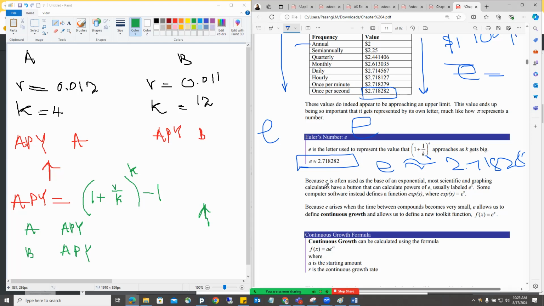Because of that, we initiate a special value, that is E, for Euler's number, and we also call E exponential. For exponential curves, E comes into the topic at that time. Okay? Is it clear?